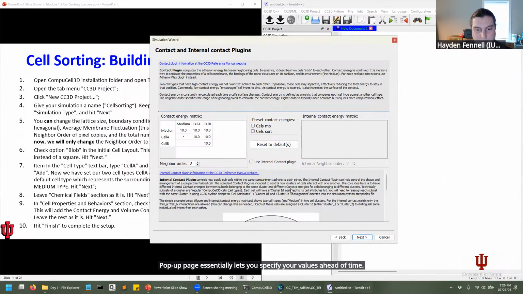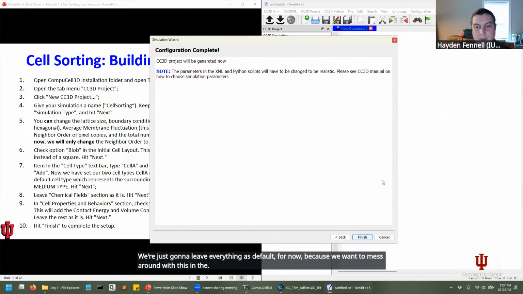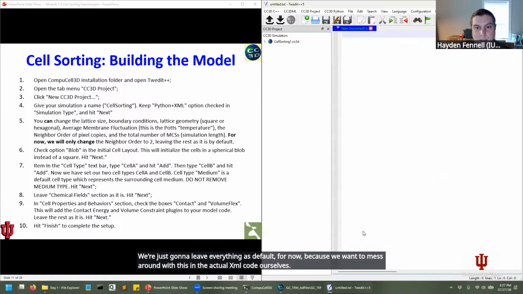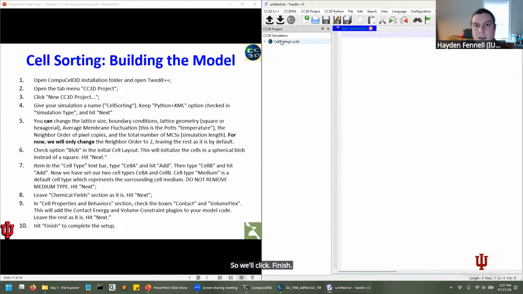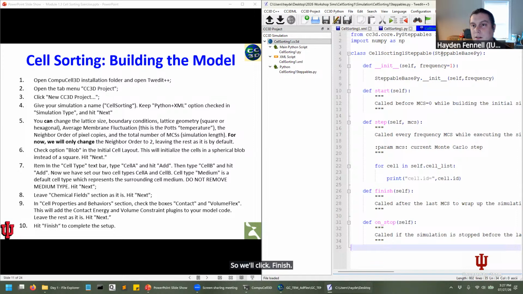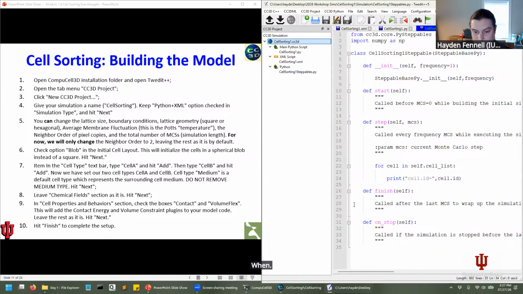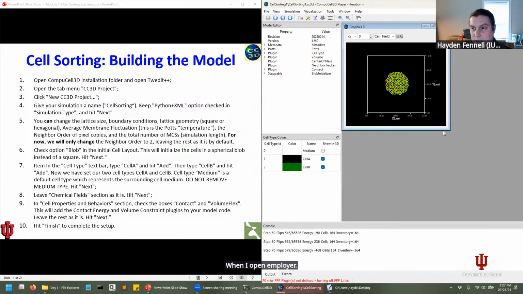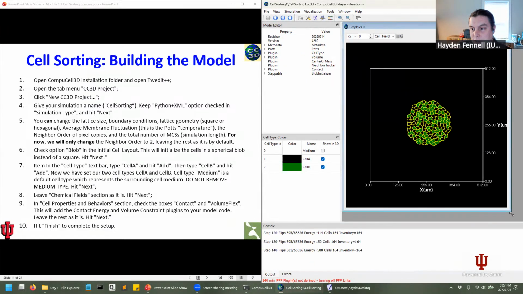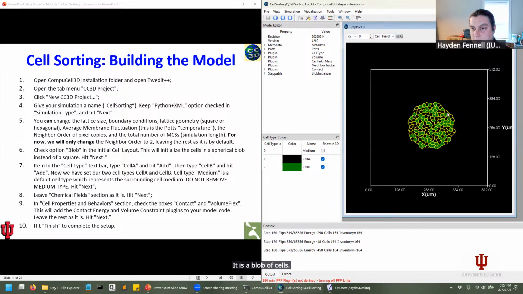We're just going to leave everything as default for now because we want to mess around with this in the actual XML code ourselves. So we'll click Finish. And what you should get when I open in Player is a blob of cells just kind of wiggling around. Nothing's happening yet.